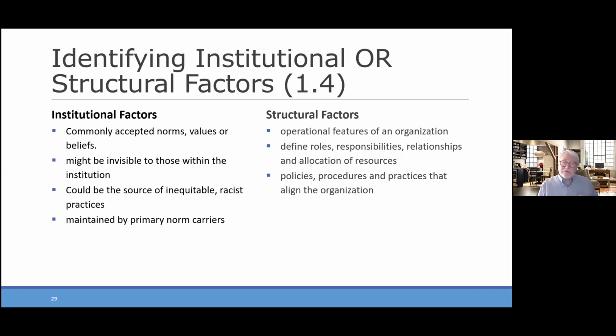So there are things that we know that are embedded within the culture that eventually become the way we do things, the way we're actually going to do these things and how things get built. So institutional factors are the things that people believe. They're the values and beliefs that manage and come before decisions get made about what the best thing is to do.